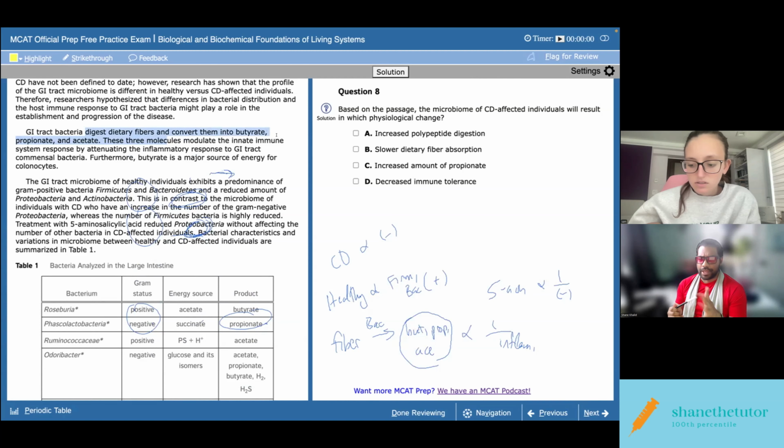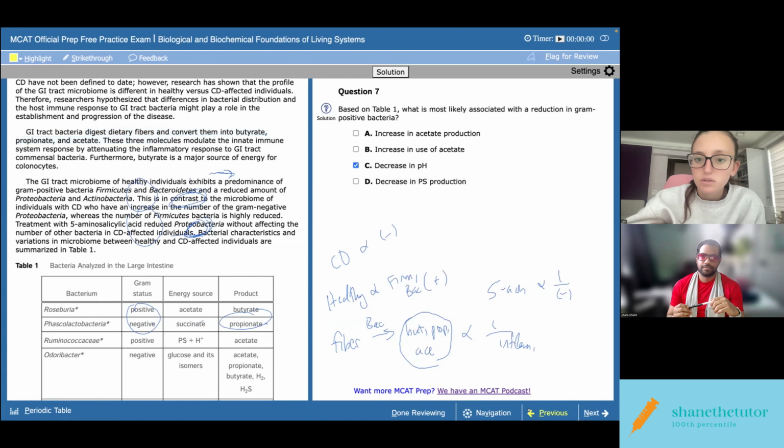Like for this one, you mentioned B. From the previous question, do you remember me eliminating two answer choices because of a particular word?